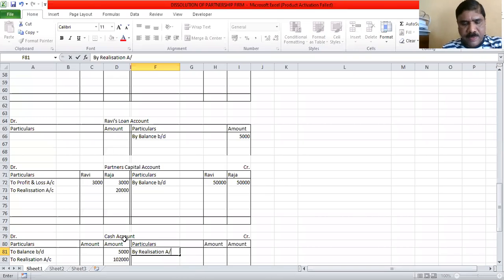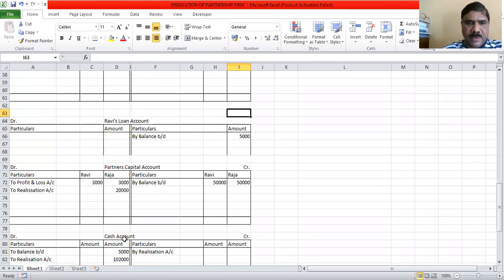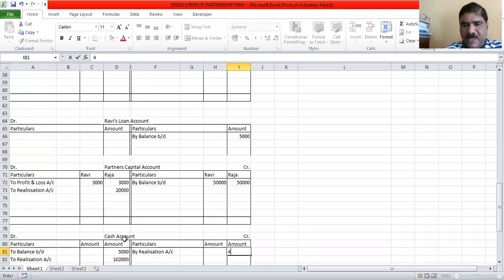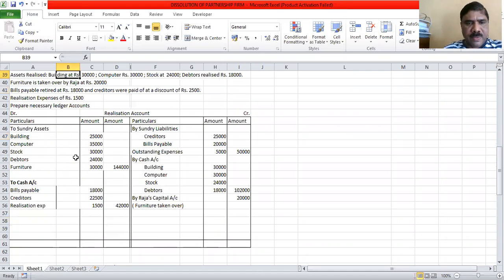By which account did you write that entry? Realization account. So, when writing here, what will we write in cash? By realization account, amount is 42,000. Are you clear? Are you understood?